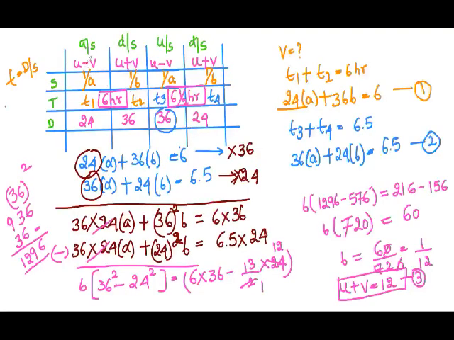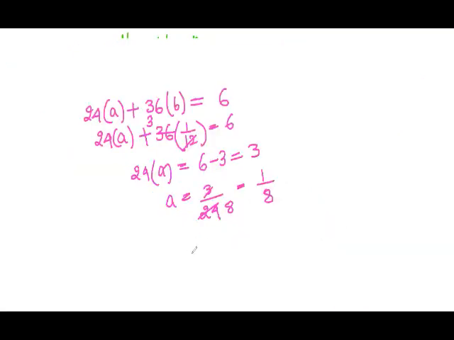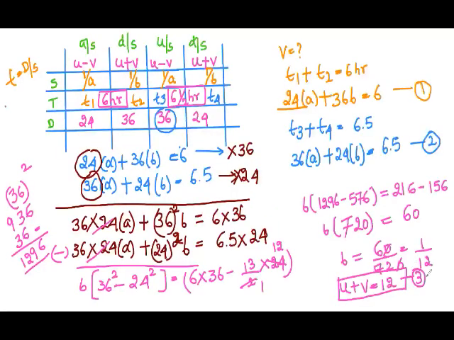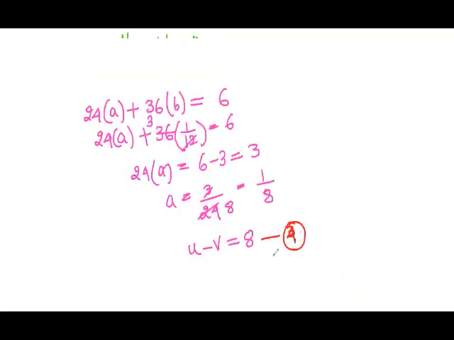You already know that A is equal to 1 whole divided by U minus V. So if you invert this, you get U minus V is equal to 8. Now you have two equations: equation 3, U plus V is equal to 12, and equation 4, U minus V is equal to 8.